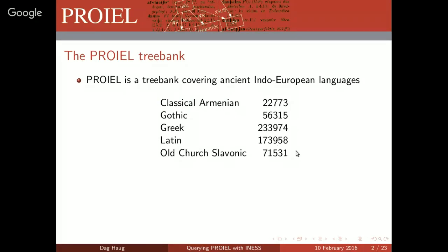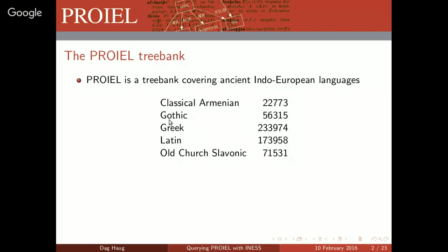So the PROIEL treebank is a treebank covering ancient Indo-European languages. We started out by treebanking the New Testament translations, so obviously the original in the case of Greek, but then the Vulgate in Latin, the Codex Marianus translation into Old Church Slavonic, the Gothic, and the Classical Armenian translations. So here are the number of words we have in the various languages.